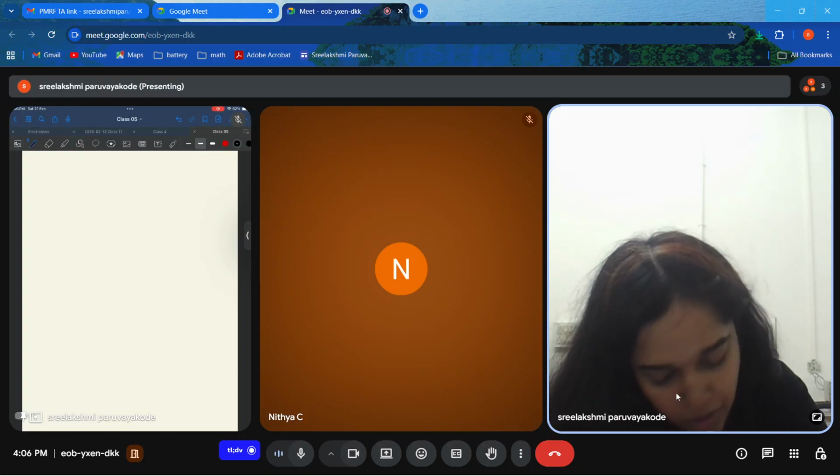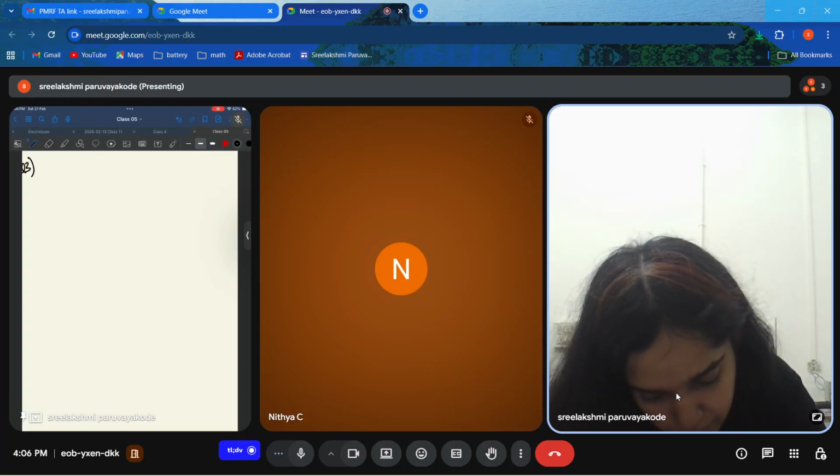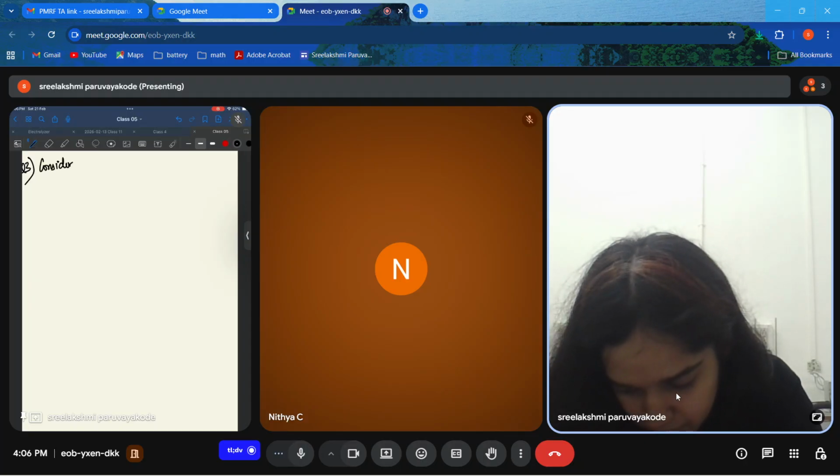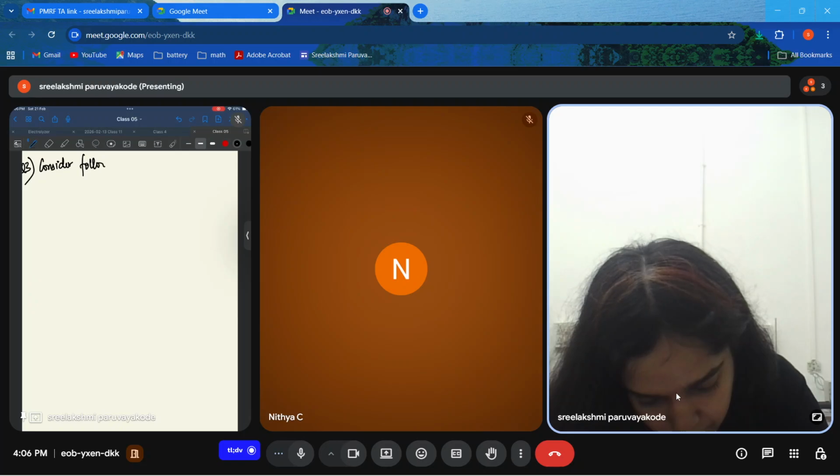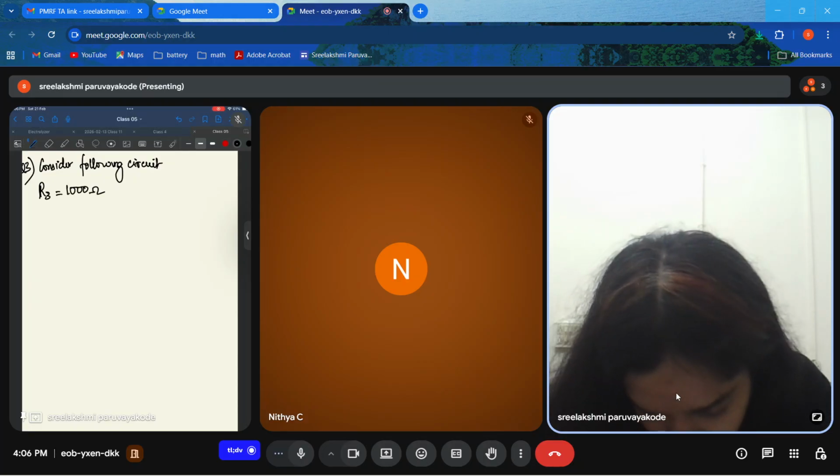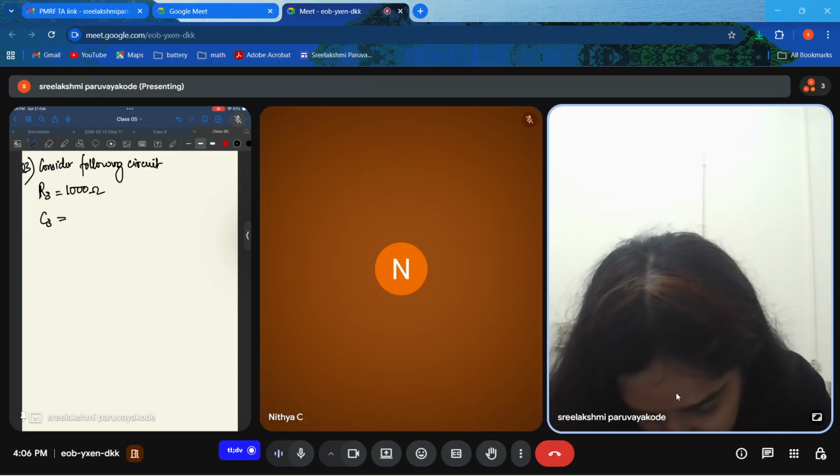Now the third question is an important question where you will be looking into distinguishability. The question is: consider the following circuit. Here R3 equal to 1000, C3 equal to 100 microfarad.